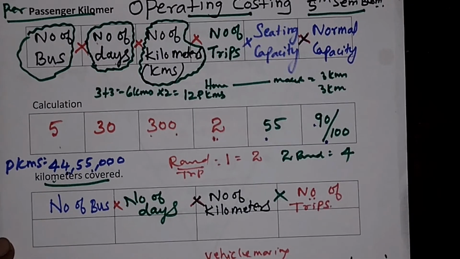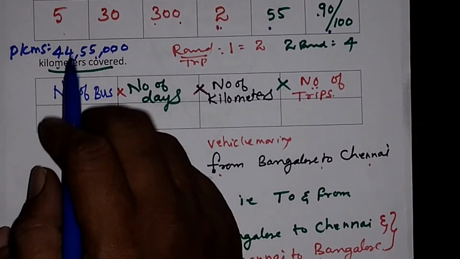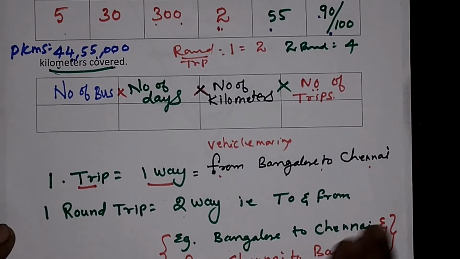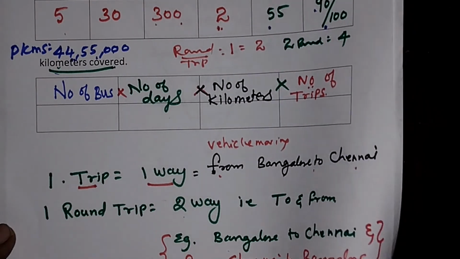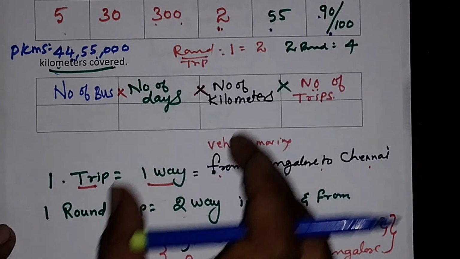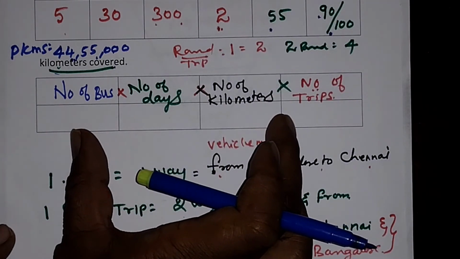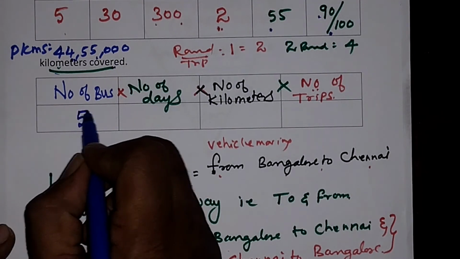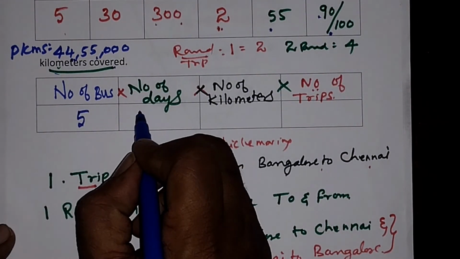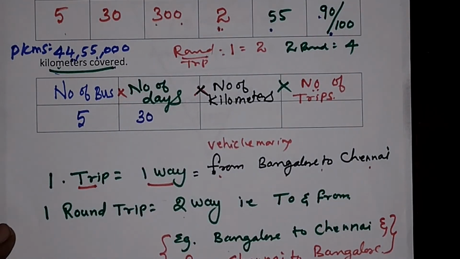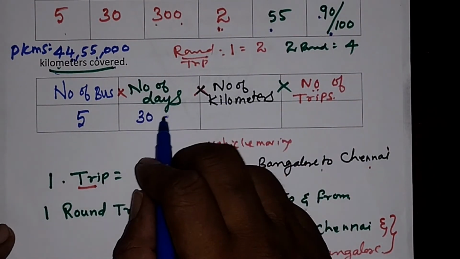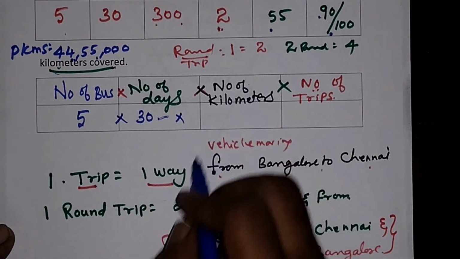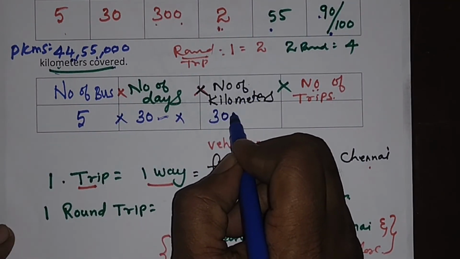Now the same thing, let us convert in terms of kilometers covered. How many kilometers has that bus covered? Very simple: out of the last 6 formulas we have to consider only the first 4. Number of buses is 5, number of days it runs is 30, number of kilometers is 300.